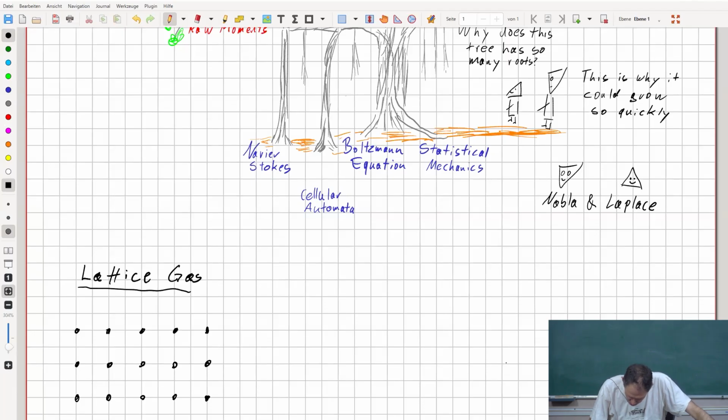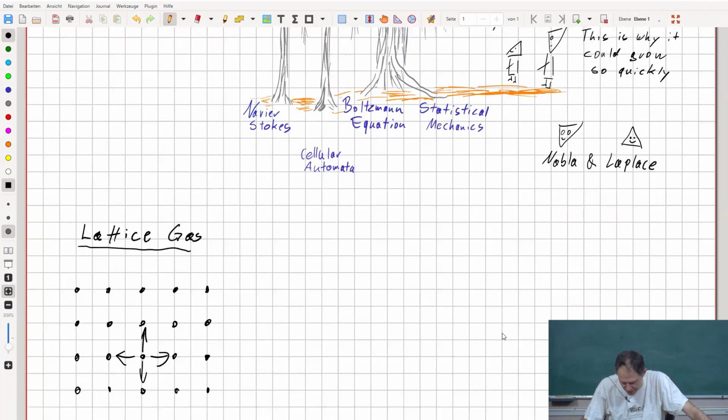and there are particles that move in between these points. So say we'll have at this point here, and there would be a particle going here, or the particle could go there, particle could go there, and particle could go there. And then we have, this is their speed, and according to their speed, we make a time step, and in the next time step, the particle will just have moved according to this line.